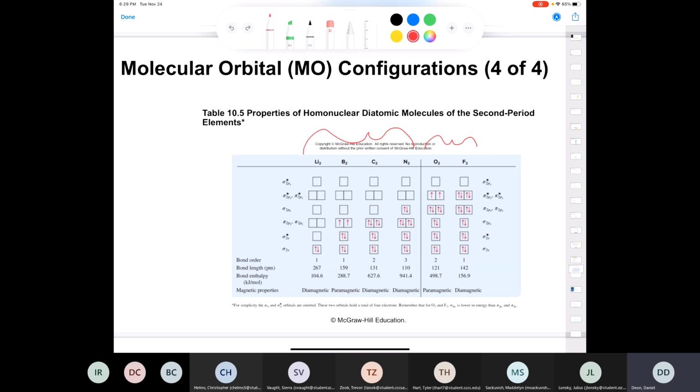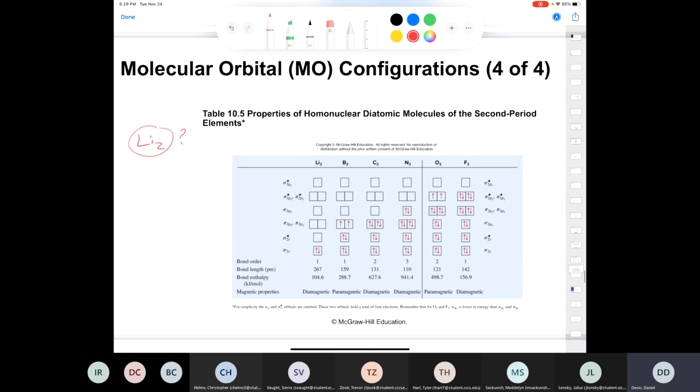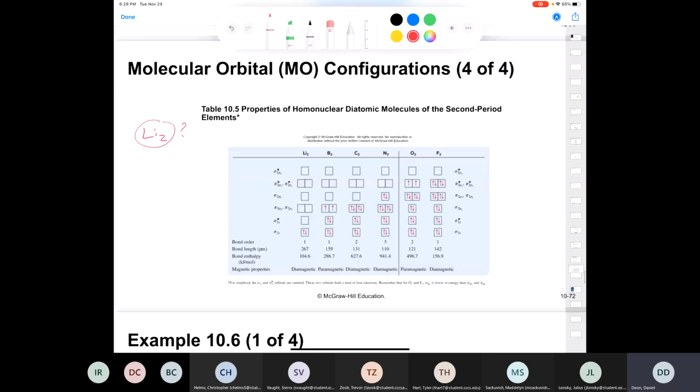Say, for example, dilithium. Can dilithium exist? Li2, is that a molecule that could exist? If you look at the electron configuration for just the valence electrons, the core electrons are left out of this table. The electron configuration of lithium is 1s2, 2s1, so lithium has just 1 valence electron. If I'm going to make dilithium, I've got 2 lithiums, and they've each got an electron.